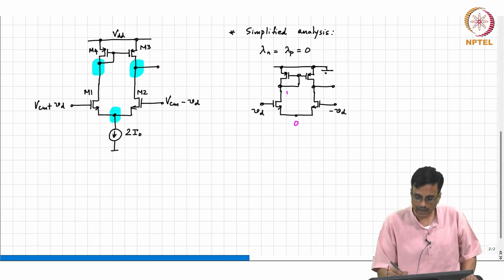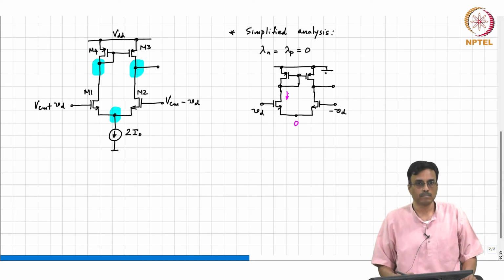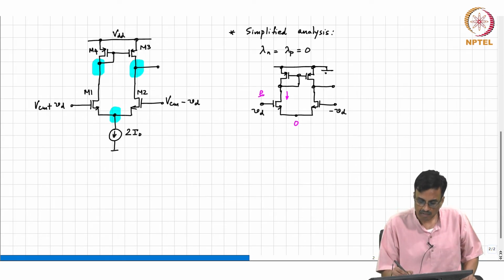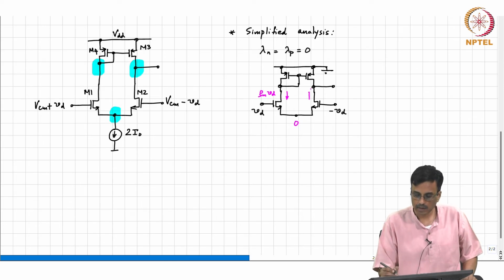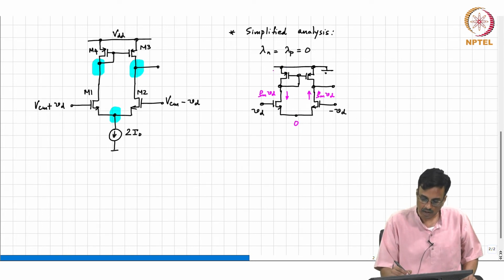So, what is this incremental current? G m V d, very good. What is this incremental current? You write that as minus G m V d going down or G m V d going up. All right, what is this current?